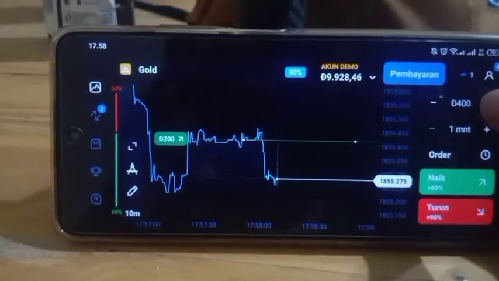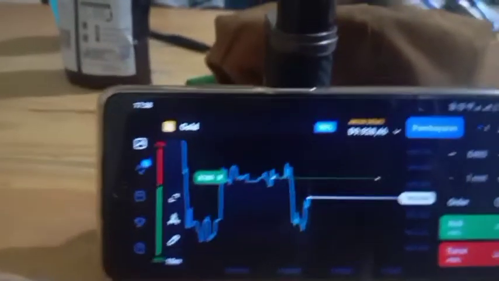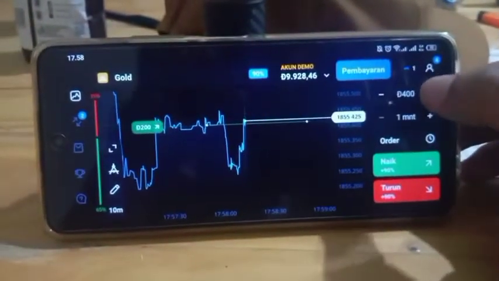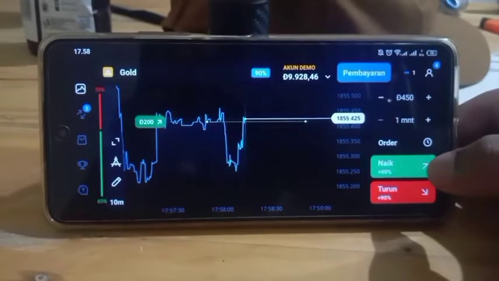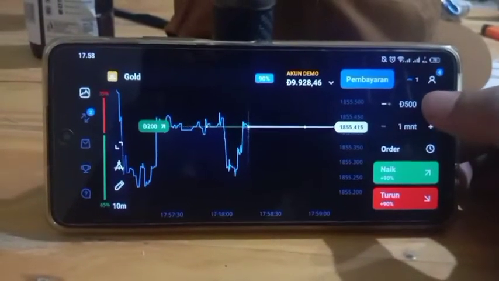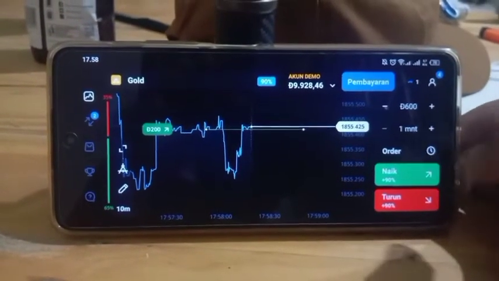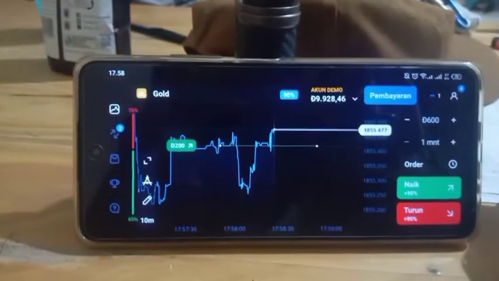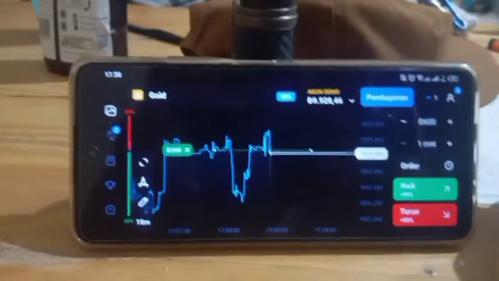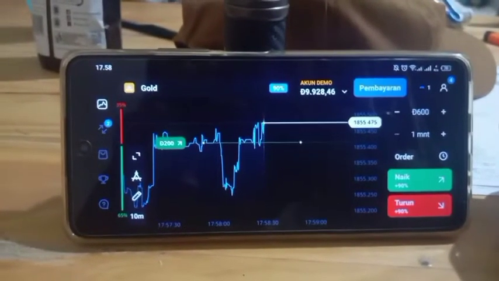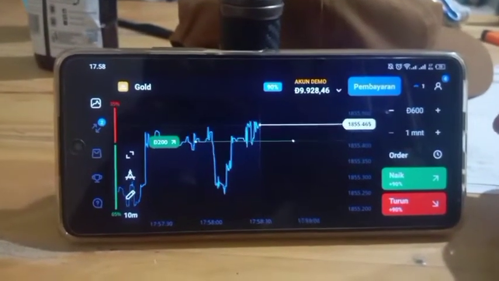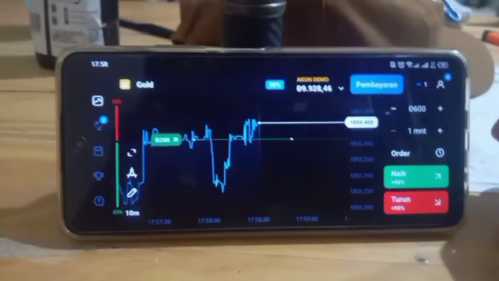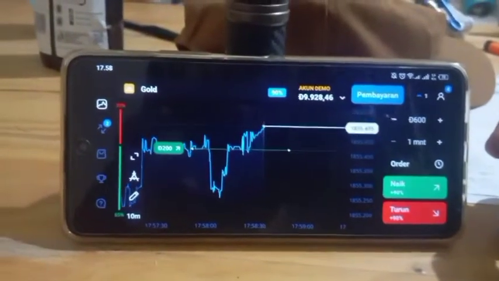Also install two Exponential Moving Average (EMA) indicators, each with periods of 50 and 100. Both Stochastic and EMA can be found easily on the majority of forex trading platforms.